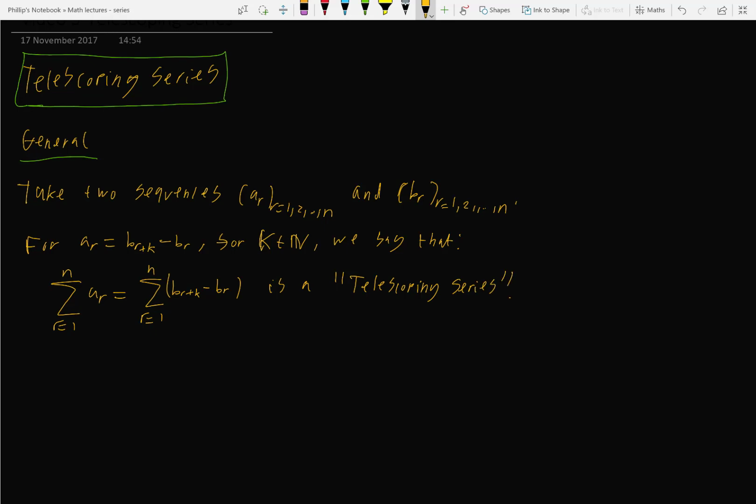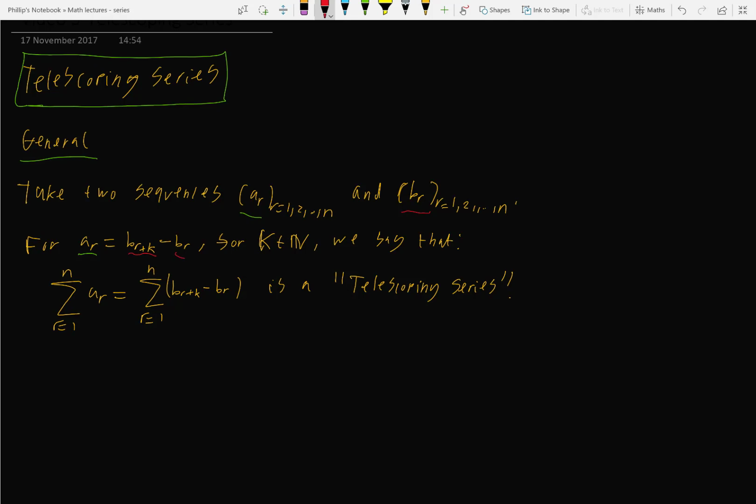So you take two sequences, and the rth term in the first sequence is given by taking the (r+k)th term in the other sequence minus the rth term in the other sequence.